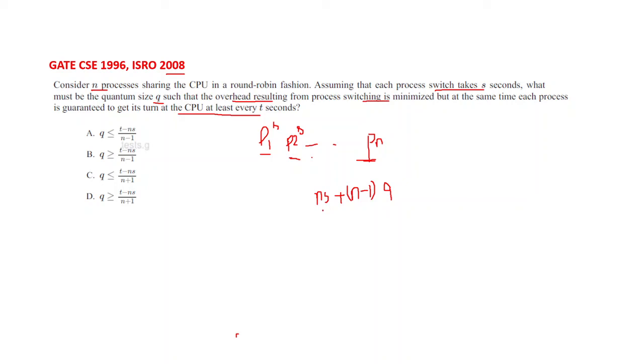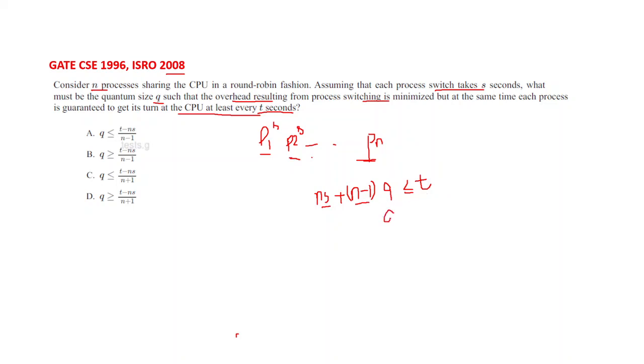Now the total waiting time of each process will thus be ns plus n minus 1 into q. Now that should be less than or equal to t, because it says that it should be guaranteed to get a turn at the CPU at least every t seconds.